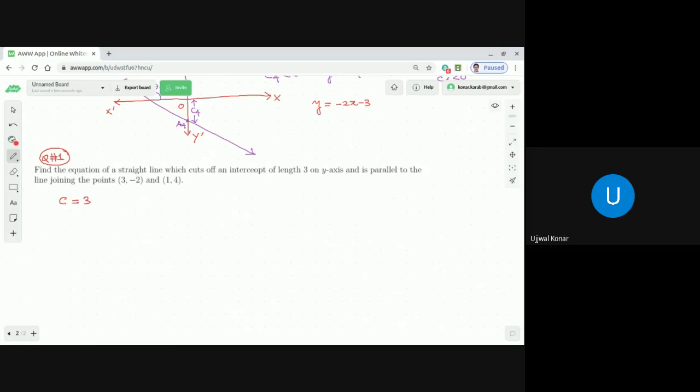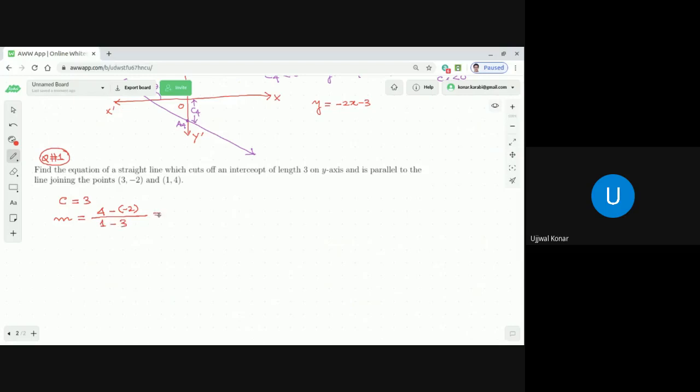And when 2 straight lines are parallel, their slopes are equal. That we know. So what is the slope of that line? The slope of that line is y2 minus y1, the difference of the y coordinates, that is 4 minus -2, divided by the difference of the x coordinates, 1 minus 3.